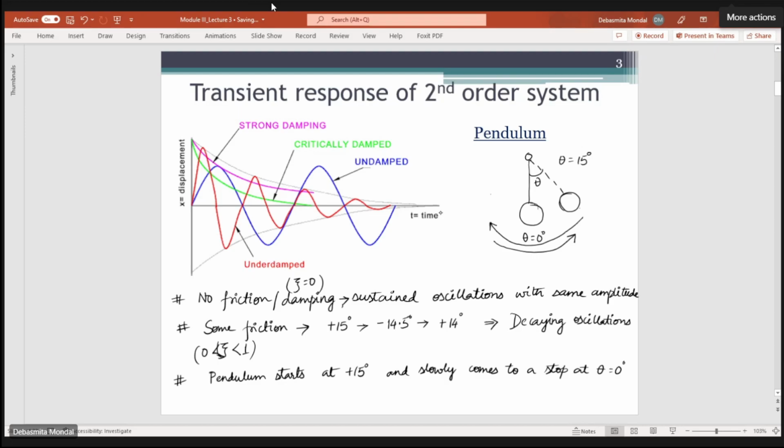It is not going to the left-hand side, so there are no oscillations as such. It is directly coming from 15 degree, taking some time, and settling, or stopping, at the position theta equals 0.